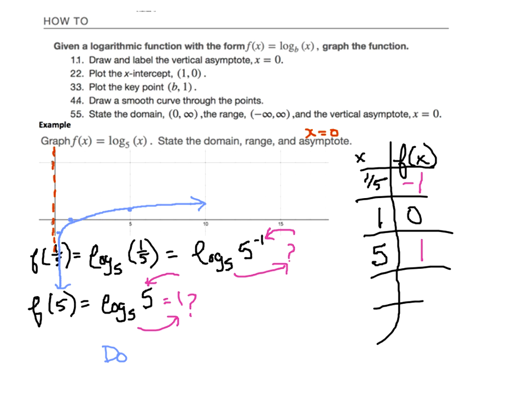So the domain of this function is 0 through positive infinity, and my range is -infinity to positive infinity.